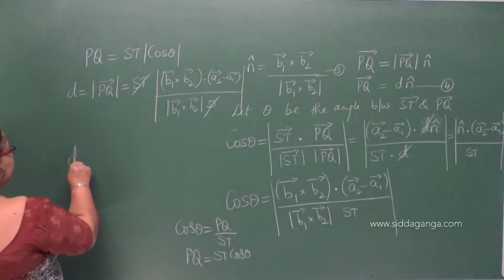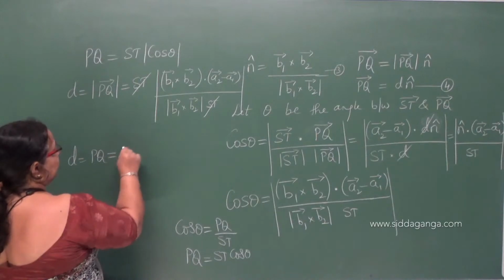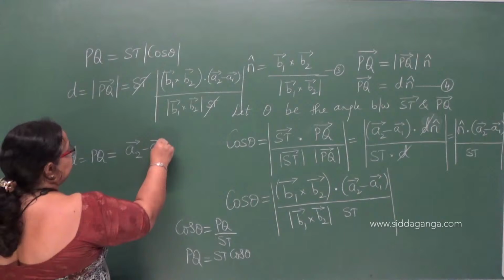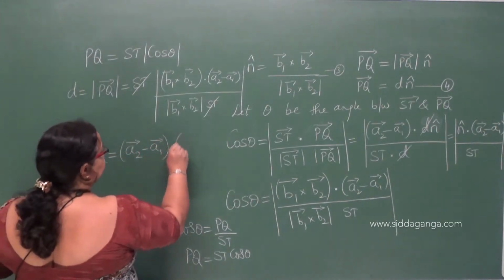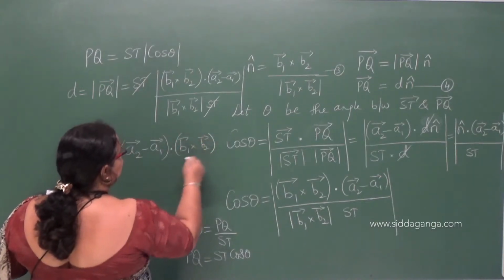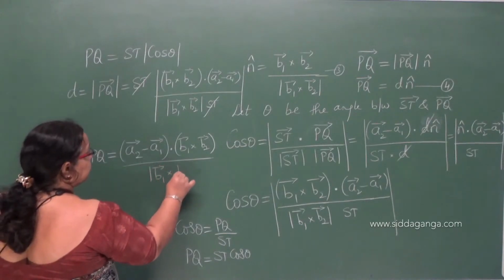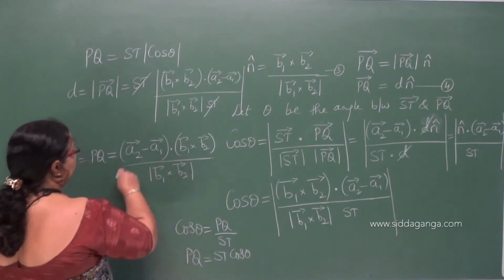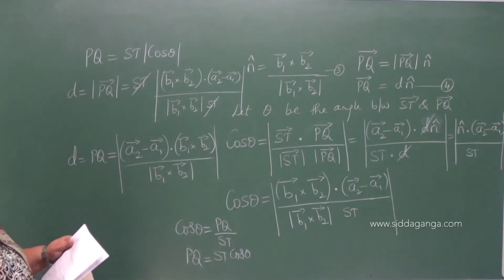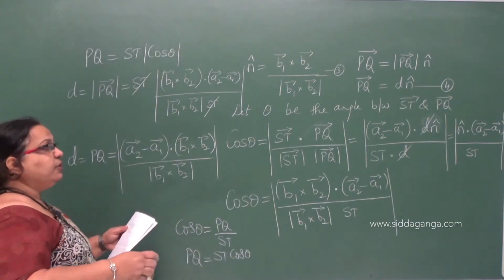Therefore D equal to PQ equal to, dot product commutative ಇರೋದ್ರಿಂದ, A2 minus A1 vector dot B1 cross B2 vector divided by magnitude of B1 cross B2. ಇದಕ್ಕೆ ಮತ್ತೆ ಮಾಡ್ಯುಲಸ್ ಅನ್ನ ಹಾಕೊಳ್ತೀವಿ. So this gives the distance between the two skew lines.